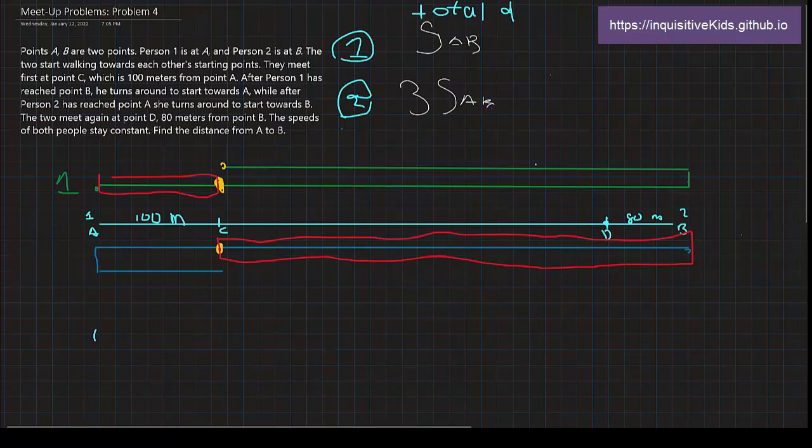Now, what about just person 1 himself? Well, for the first one, person 1 himself went 100 meters, right?